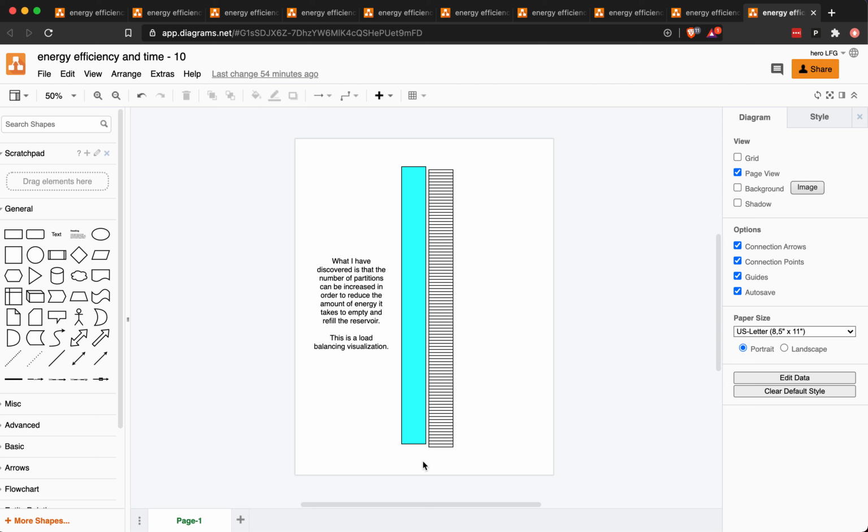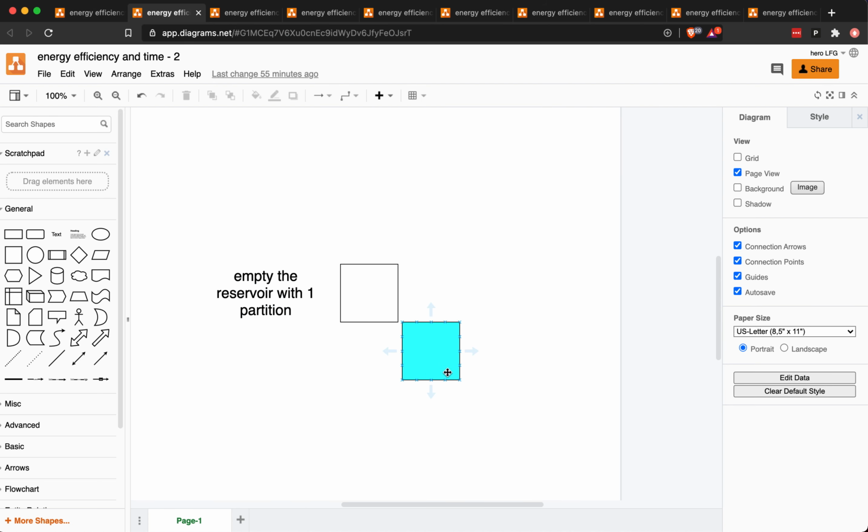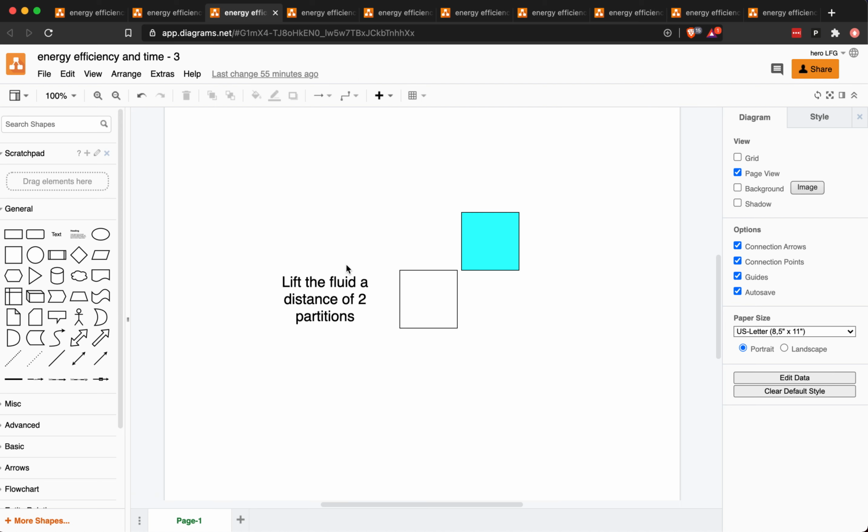It's why my name is Hero Looking for Group, because I understand that one partition has to do a lot more work. And I would say, the amount of work that one individual can do to actually solve some of these problems in our world is impossible to do alone.